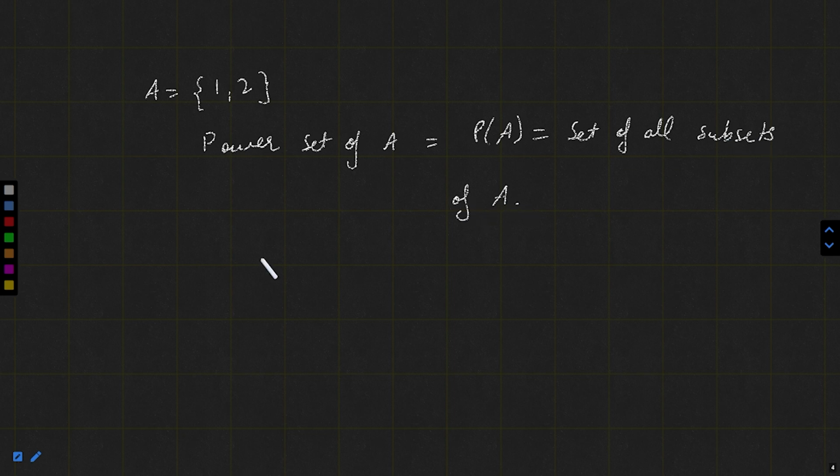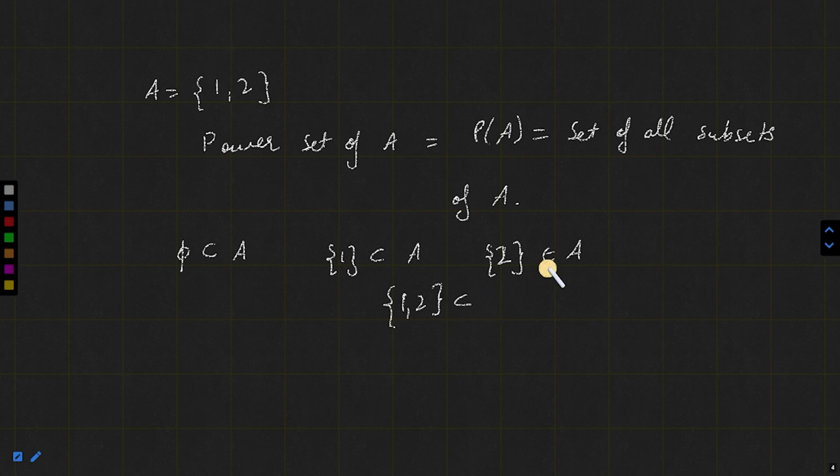of A. So as you can see that phi is a subset of A. This set is also subset of A. This set is also subset of A. And this set is also what?